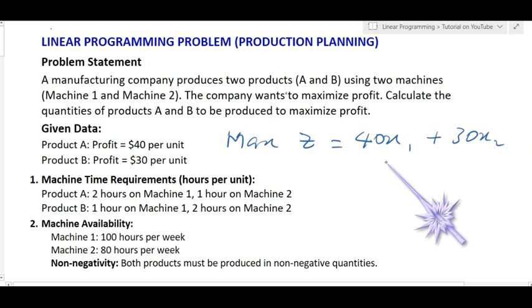We'll now go back and formulate the linear programming problem.